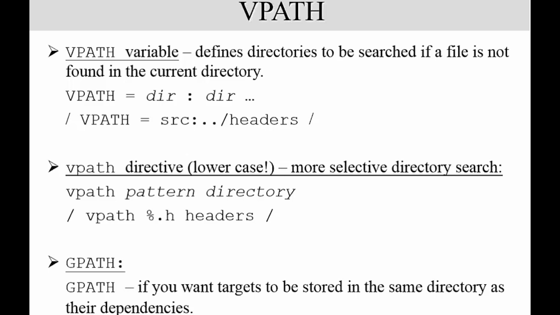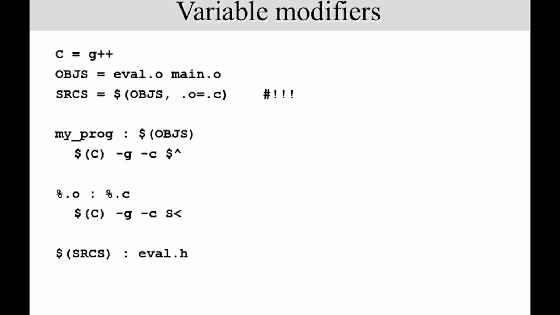Now similar to vpath, there is also a gpath. If you want the targets to be stored in the same directory as their dependencies, you specify the gpath. Now there are also some variable modifiers out there essentially.